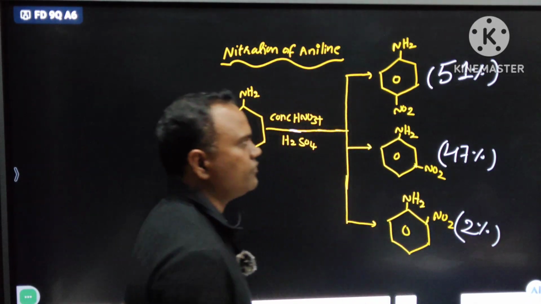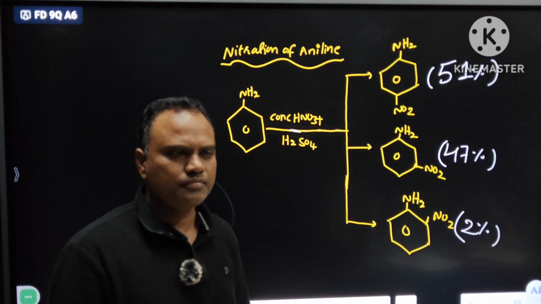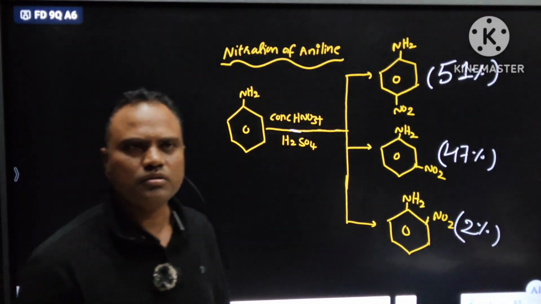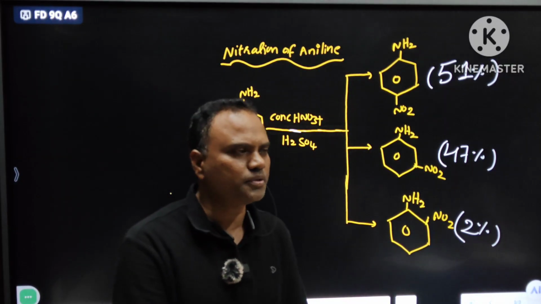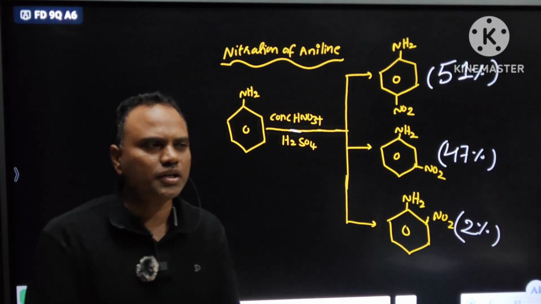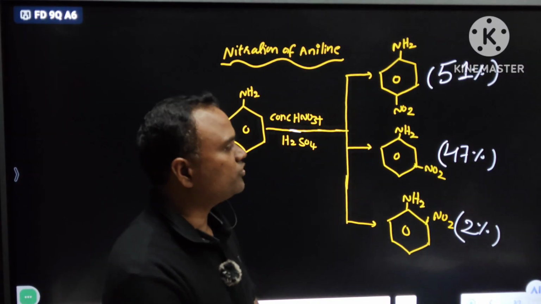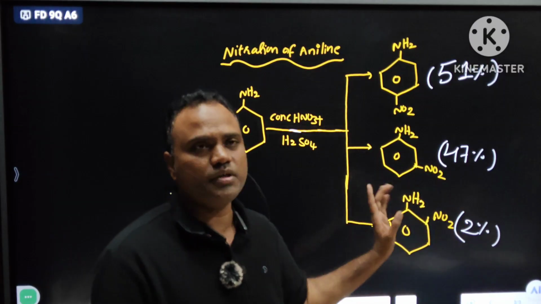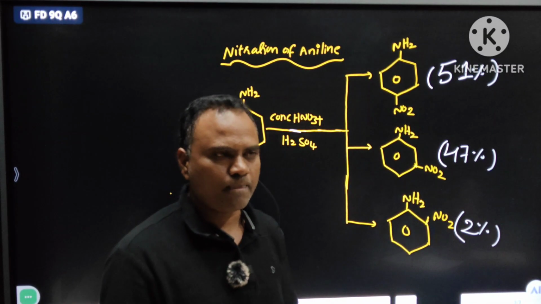Percentages are very, very important. Okay, 51, 47 and 2%. But the question is, what is NH2? Which directing group? Ortho-para directing group. Clear? But why are we getting the meta product, that too with more percentage? This percentage is very important. Learn the percentages by heart. Okay? Clear?